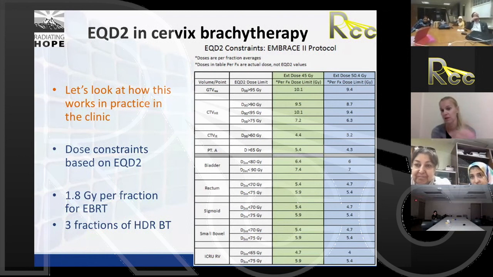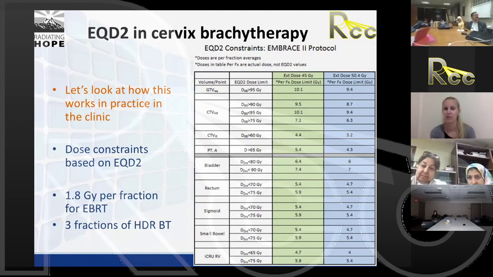So it's a really useful protocol that internationally everybody refers to. It's available freely. If you Google EMBRACE-2 cervix, you'll be able to download their protocols, and it's a very useful tool. Internationally, this has become the standard for cervix treatments, and these dose values have become the standards. So these EQD2 dose limits have come from the EMBRACE protocol.